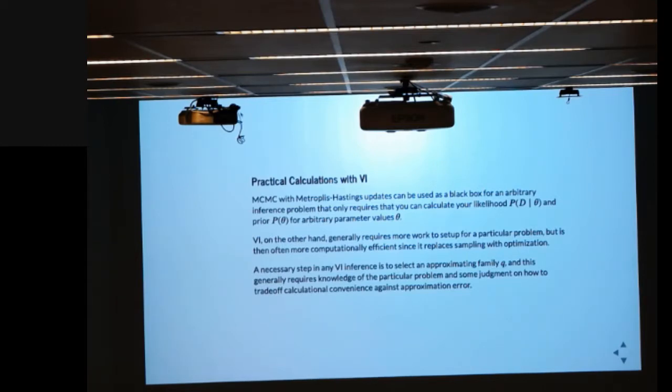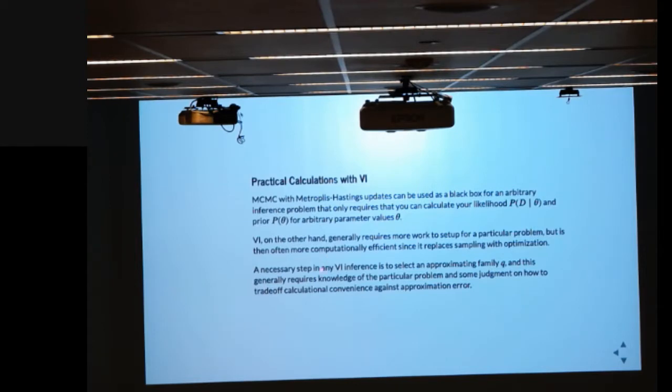Variational inference involves a bit more brain work. You have to set up the problem. In particular, you need to think carefully about what approximating family you're going to use. If you just always pick a Gaussian, you're not going to get very good results. But once you've done that, it's often computationally a lot more efficient because you're replacing sampling in the Markov chain with optimization, which is inherently a more efficient process.